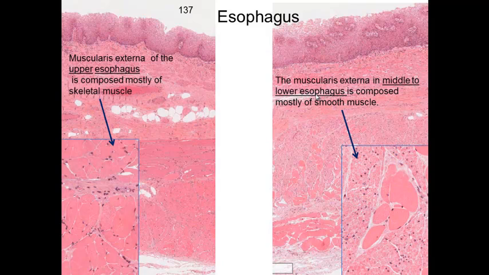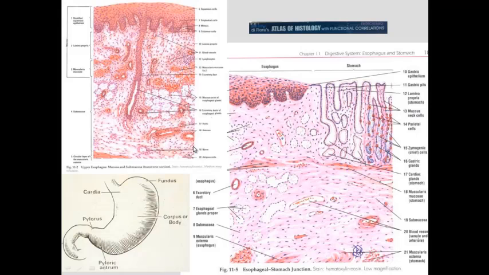but then in the middle and lower regions of the esophagus, it changes from skeletal muscle to smooth muscle. So it's more smooth muscle all the way down, other than the upper part of the esophagus. And so the stratified squamous epithelium of the esophagus abruptly changes to a simple columnar epithelium when you go from the esophagus to the cardiac region, and through here, then the fundic region.